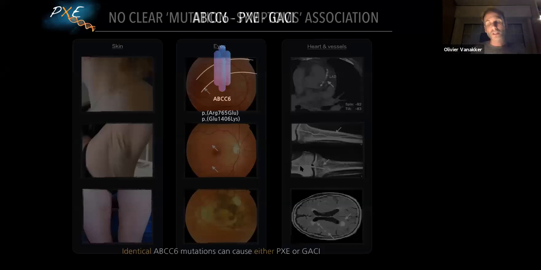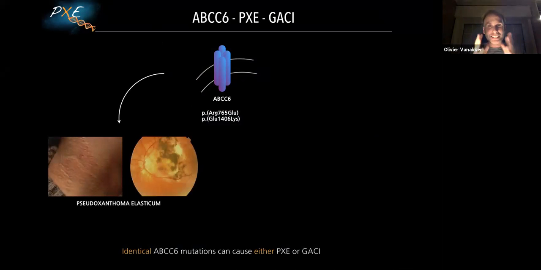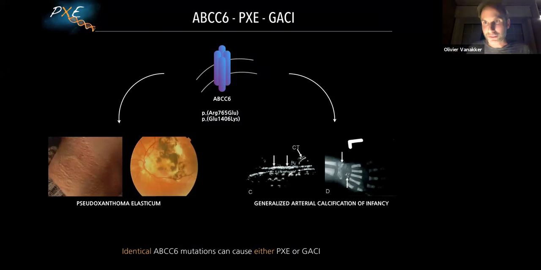And this was further seen because there are 2 mutations in ABCC6, and in one patient, they cause pseudoxanthoma elasticum. And these identical mutations in ABCC6, in another patient, cause that GACI phenotype, that vascular phenotype. So in one patient, they cause a very chronic, slowly progressive disease, and in the other patient, the same mutations cause a very acute, aggressive, and early onset disease.